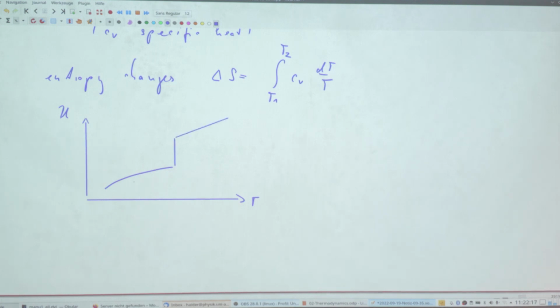So you integrate here, and this delta U, it's a phase transition. And then to obtain the S, you can just integrate here using the CV. You get something similar here.